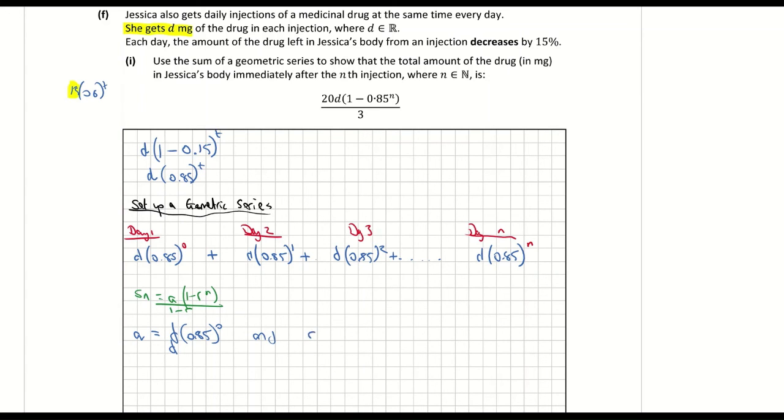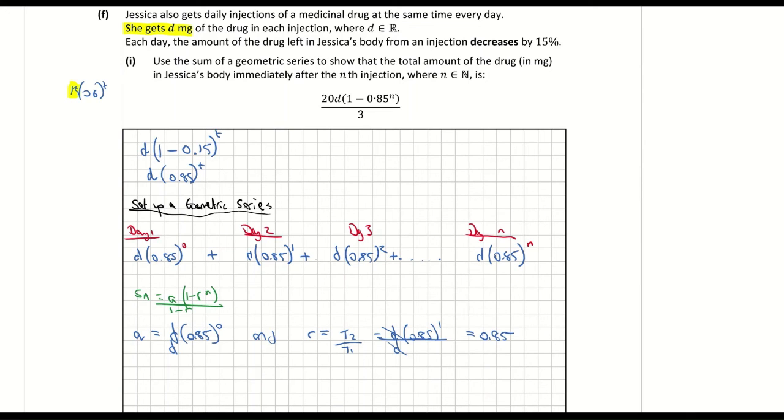And my common ratio is what it's going up in. So again, take term 2 divided by term 1, which is d times 0.85 to the power of 1 divided by d. The d's will cancel, so my common ratio is going up by 0.85 each time.